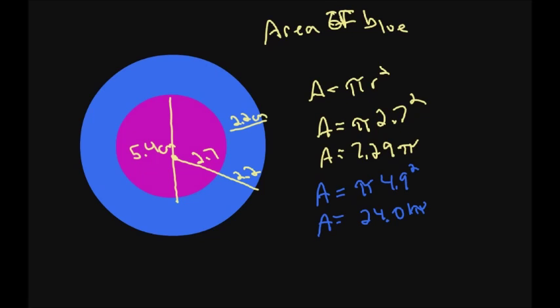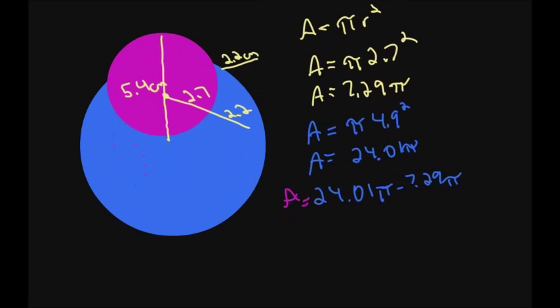So I want to find the blue, so I'm going to subtract those two answers. So I'm going to do 24 1/100 pi minus the 7 29/100 pi. So I get an answer. Probably should have changed colors for this too, just so you can see the difference here.